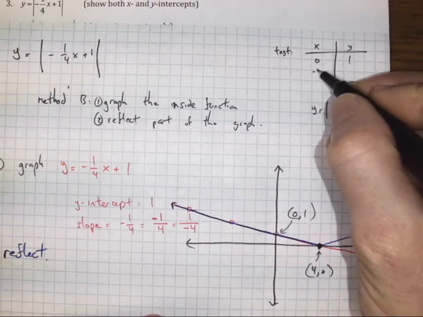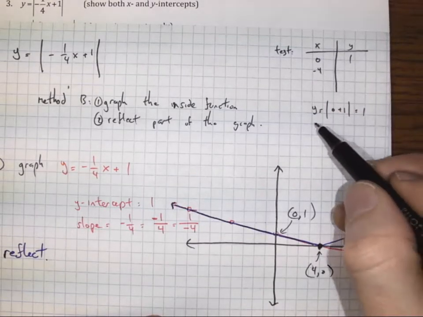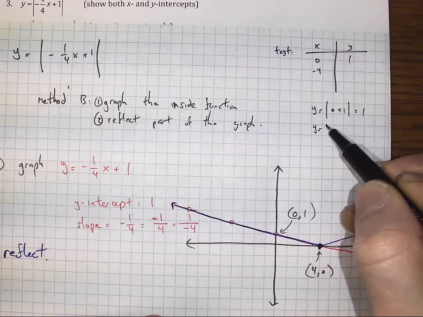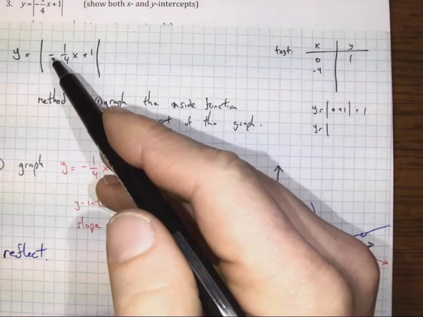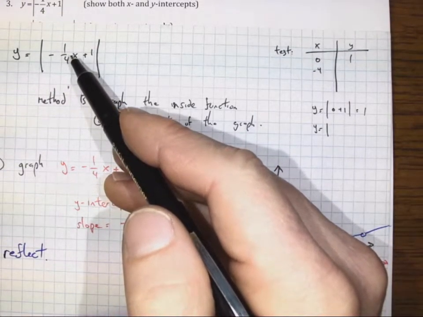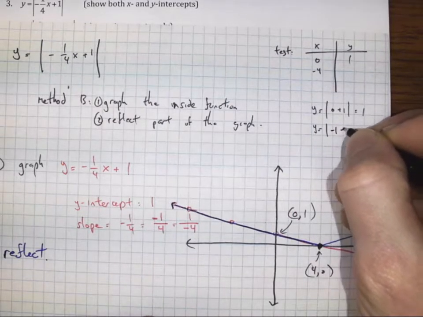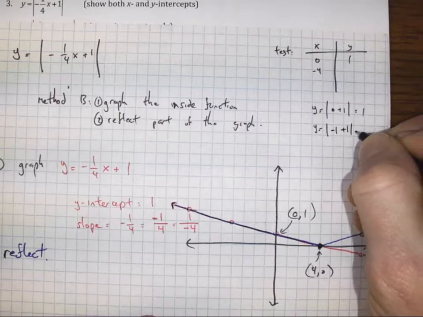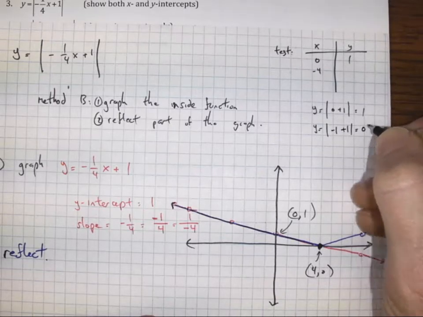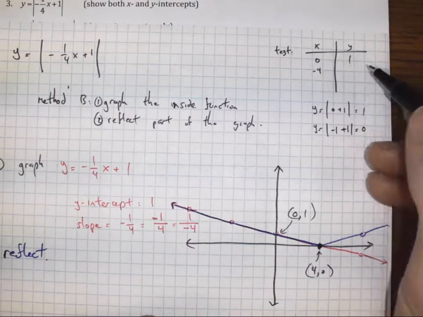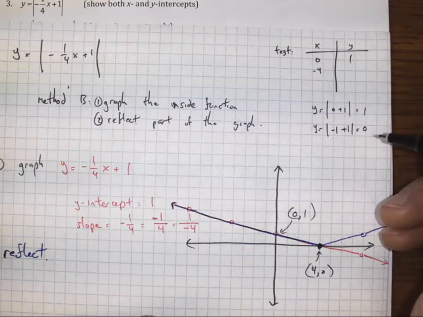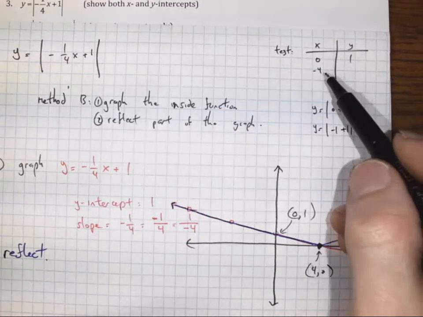And when x is negative 4, let's try that too. Y is equal to negative a quarter times 4. So 4 quarters is a whole, so it'd be negative 1 plus 1, and that's 0. Absolute value of 0 is 0. So that's not good. Oh, oops, pardon me, we're putting in negative 4.